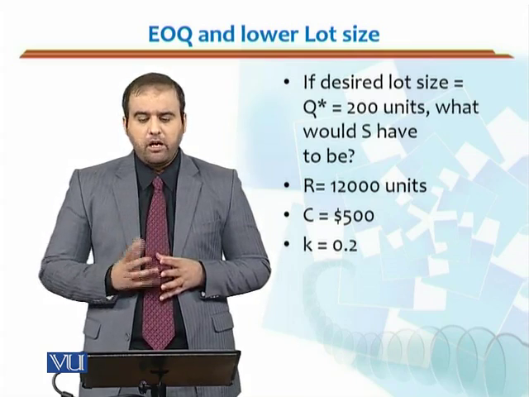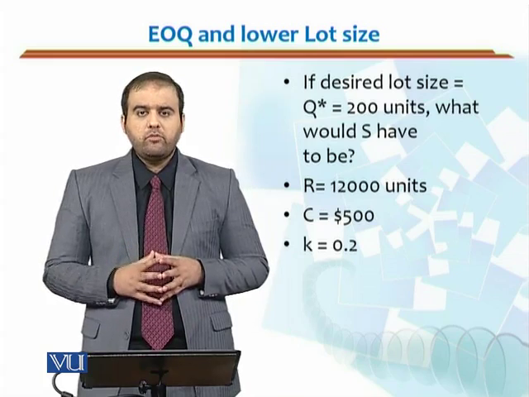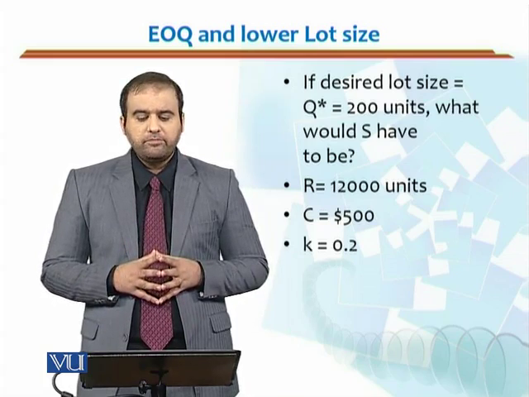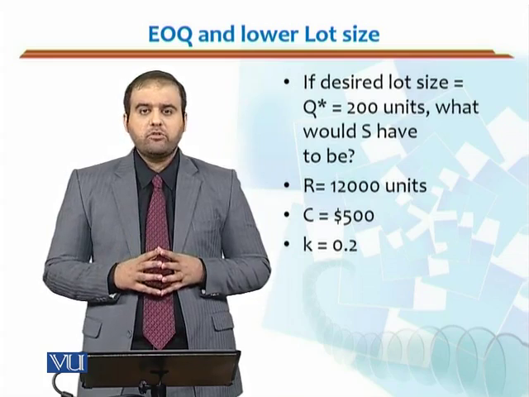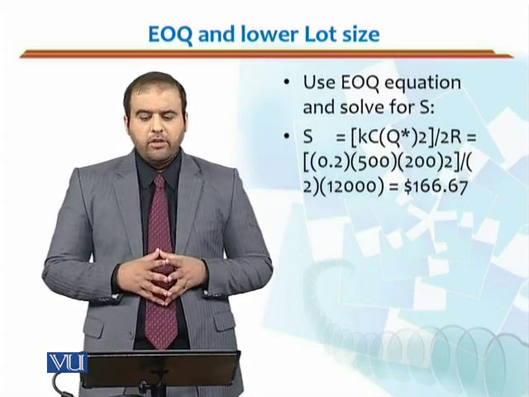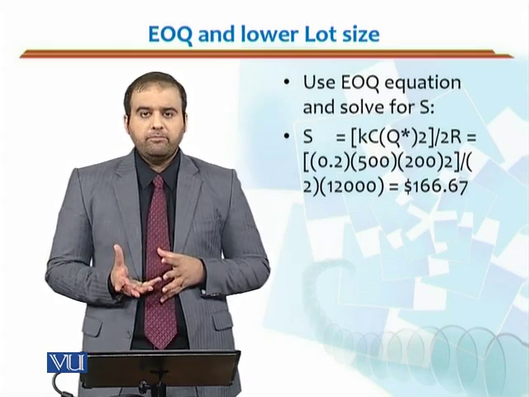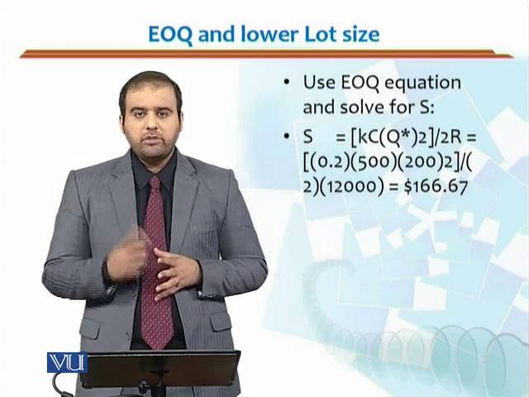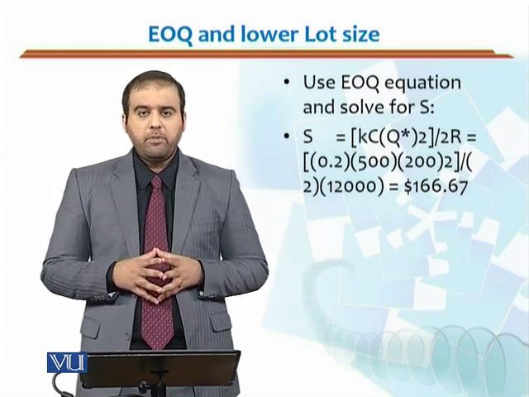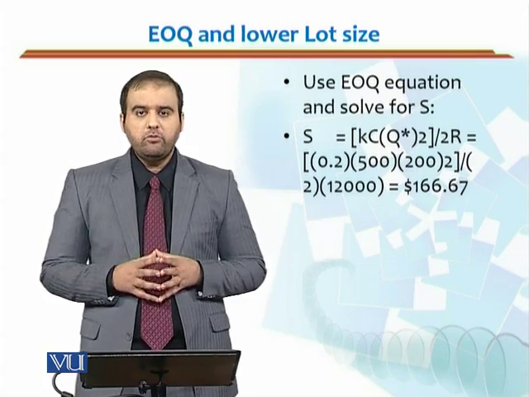If you remember, R was 12,000 units per year, your unit cost was $500, and the holding fraction was 20% of the unit cost. If we simplify, now we have the value of Q, that is 200, but the unknown is S in the formula of EOQ.